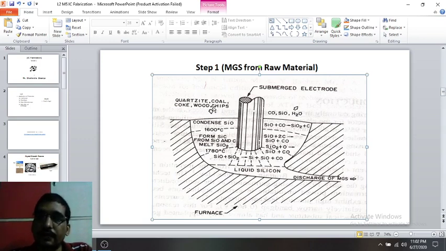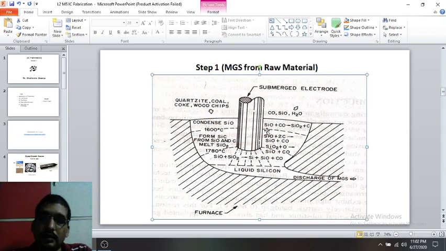When we burn all these materials in this furnace at a very high temperature, more than 1600 or 1780 degrees centigrade, a number of chemical reactions take place, and finally silicon is separated from all other materials and we get it out from this discharge pipe.